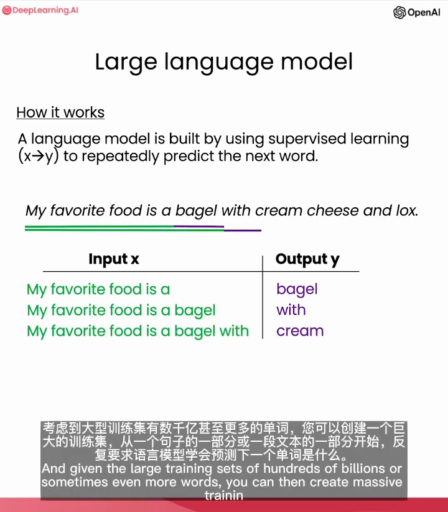And given a large training set of hundreds of billions or sometimes even more words, you can create a massive training set where you start off with part of a sentence or part of a piece of text and repeatedly ask the language model to learn to predict what is the next word.